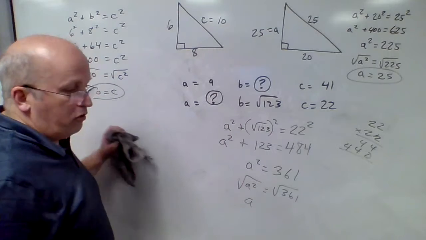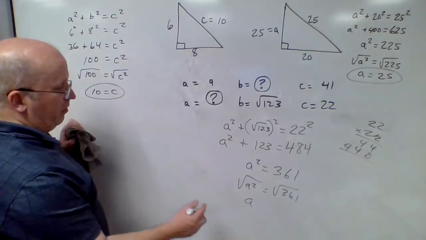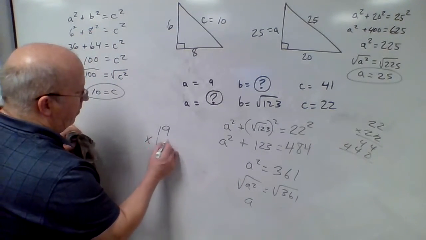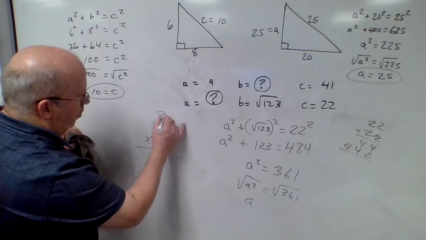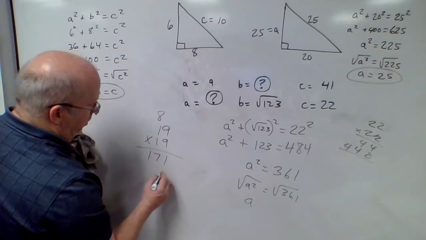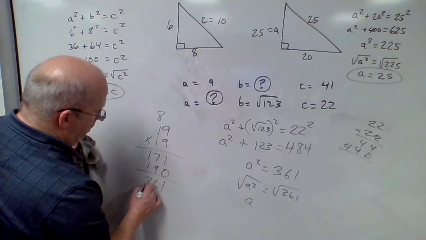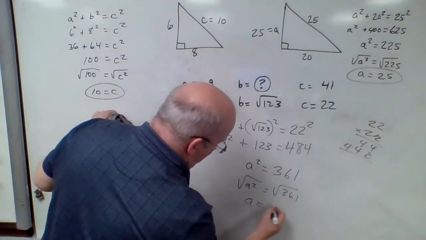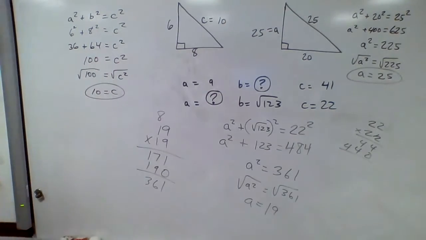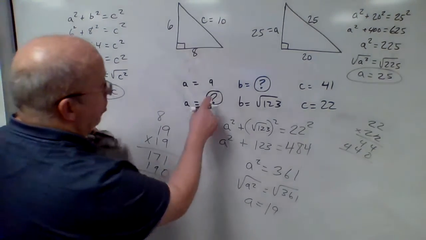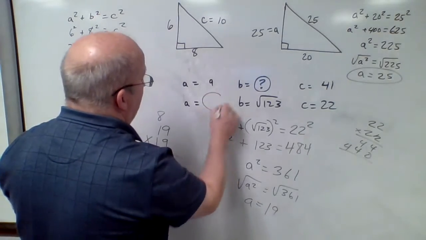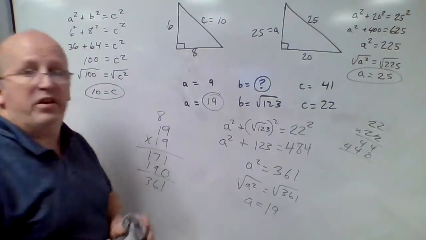I don't know what the square root of 361 is, so let's do a little guess. Maybe it's 19. Let's try 19 times 19 and see what we get. Yeah, I get 361. So the square root of 361 is 19. So our a value in this case is 19.